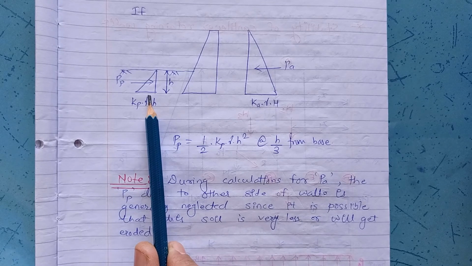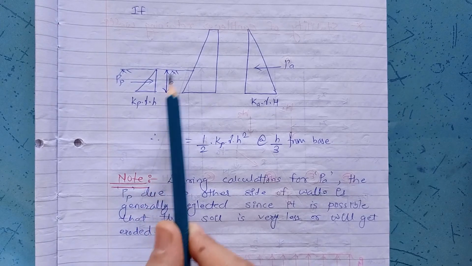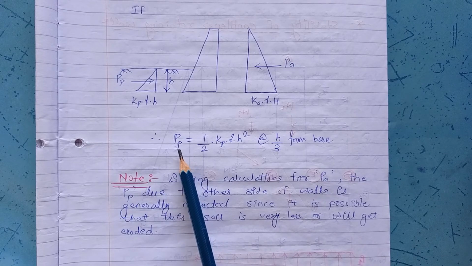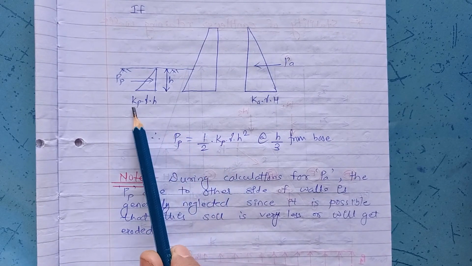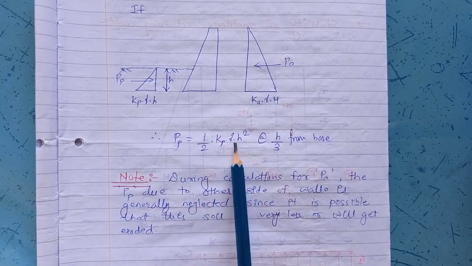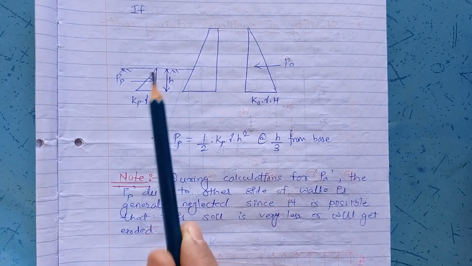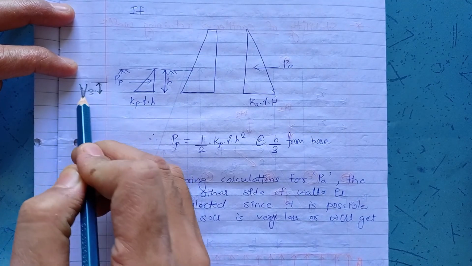This will be the pressure diagram Kp into gamma into H. Kp is the passive earth pressure coefficient, gamma is the unit weight of soil, and H is the height up to which this soil is available on the opposite side. Hence Pp, the passive earth pressure, will be calculated by the formula half base into height, since it is a triangular pressure diagram: half Kp into gamma into H into height H, that will become H square, acting at H by 3 from the base.